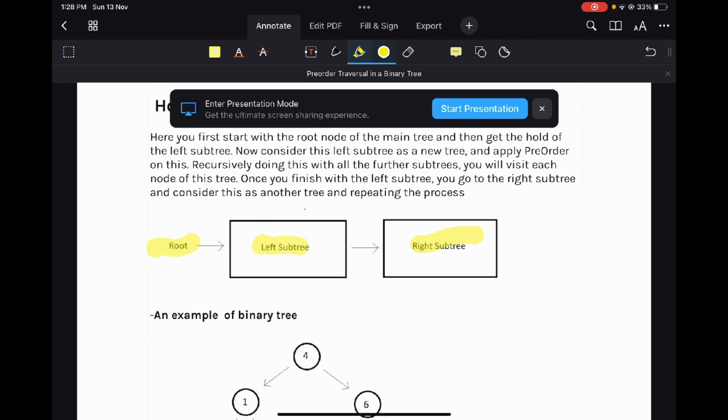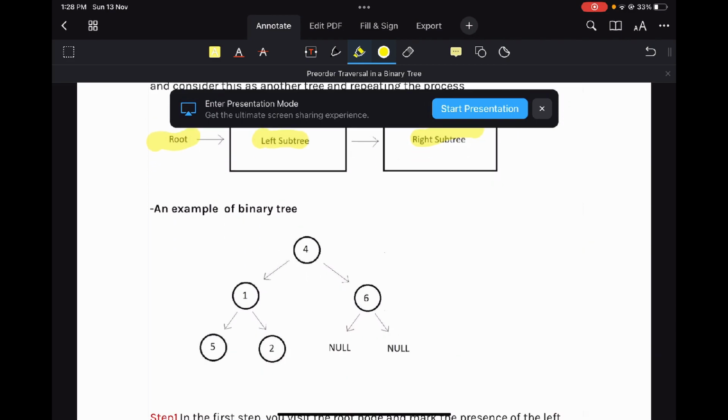So let's take an example here. In the given tree, the starting point is 4. Then we'll move toward 1, 5, 2, and 6. The operation would be as mentioned above. In this example, the base node or the root node is 4. Then we'll move toward the left subtree.